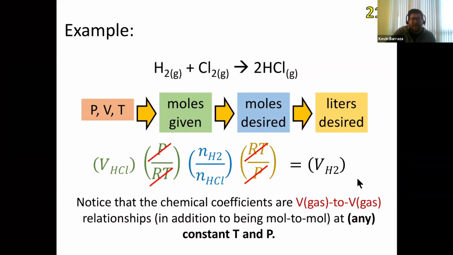What this is really saying, and we have to be very careful with this, is that it only happens when we're doing volume of gas to volume of gas conversions. But when we do that, we can simplify our math quite a bit. It's really just take the volume and then use the coefficients as a volume to volume conversion factor.